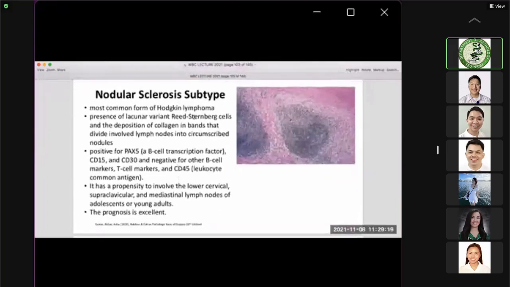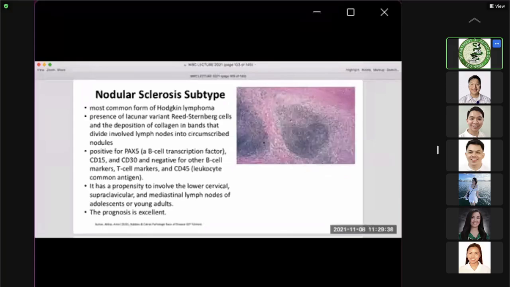We go to the first type, the nodular sclerosis. No? This is the most common form of Hodgkin's lymphoma. Presence of lacunar, no, variant of RS cells, and the deposition of collagen. Yan. Okay, so para siyang, kaya the name nodular sclerosis.